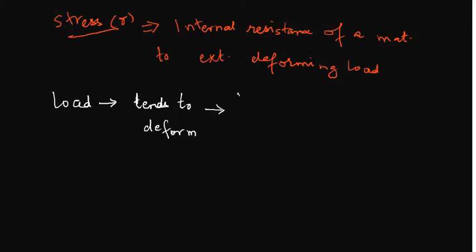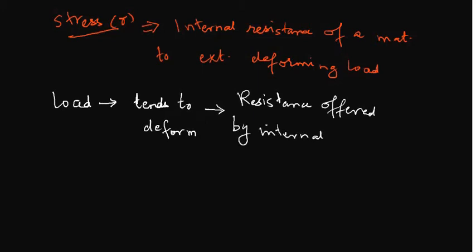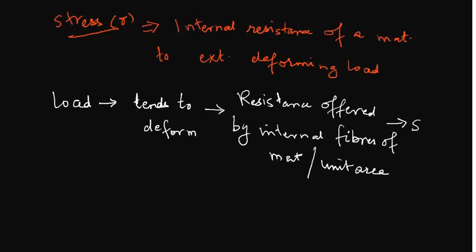So I'll write down here: the resistance offered by internal fibers of material, and if I take it as per unit area, I will get something which is called stress.